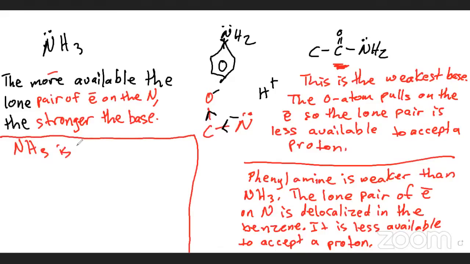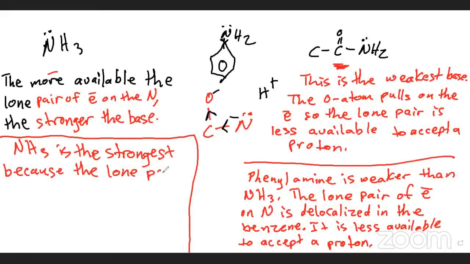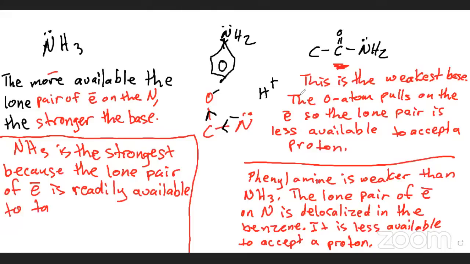Ammonia is the strongest because the lone pair of electrons is readily available to take up a proton. Let me say to accept a proton.